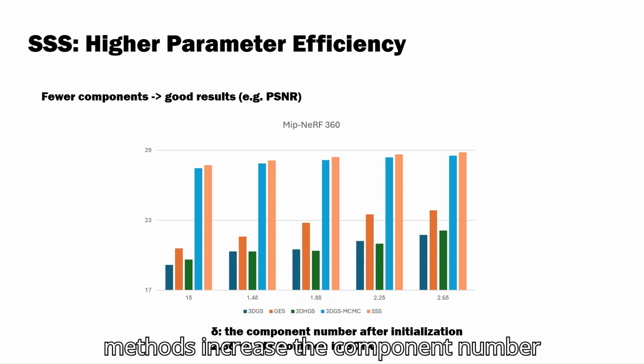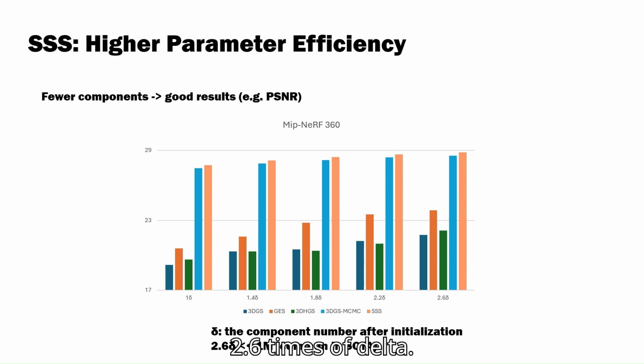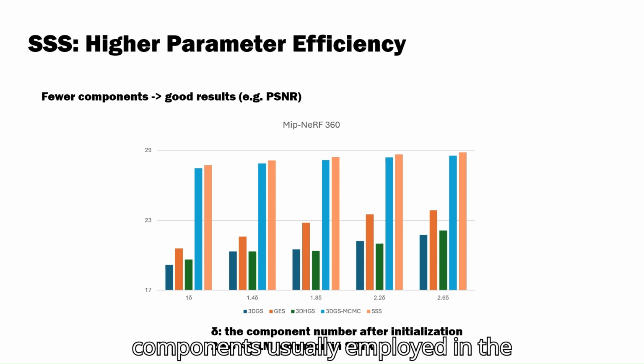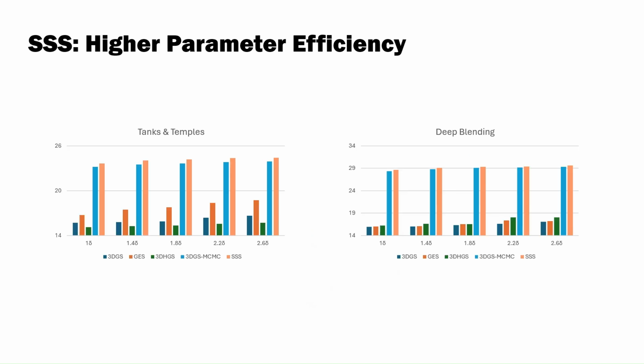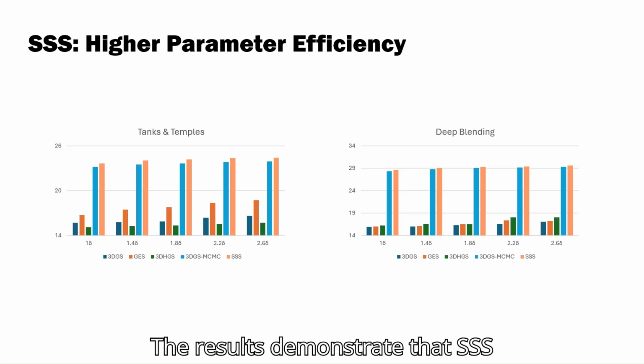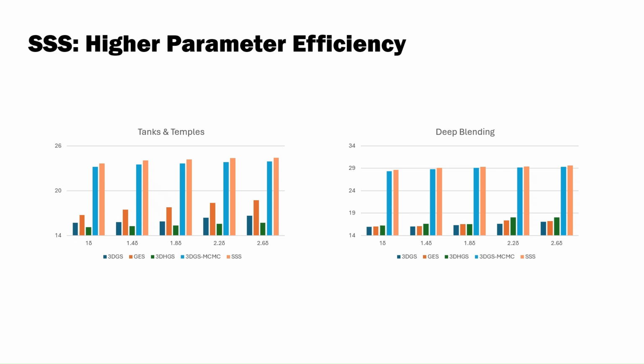All methods increase the component number during learning, but we cap them up to 2.6 times of delta. Note that even 2.6 delta is still much smaller than the number of components usually employed in the state-of-the-art methods. The results demonstrate that SSS has a higher parameter efficiency in general.